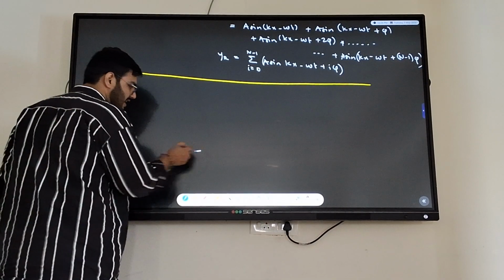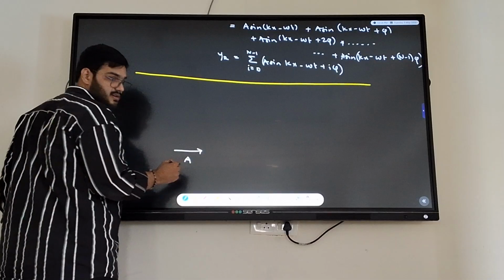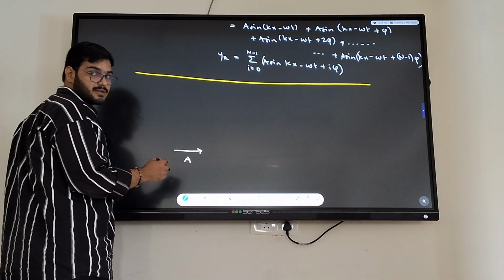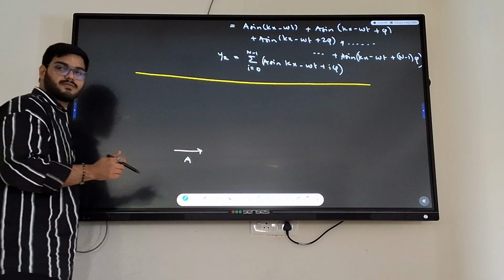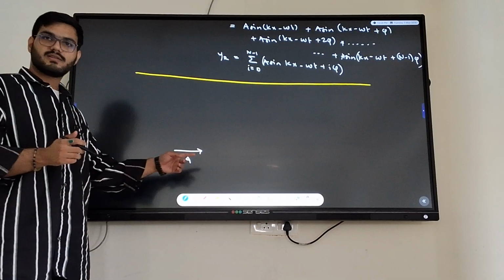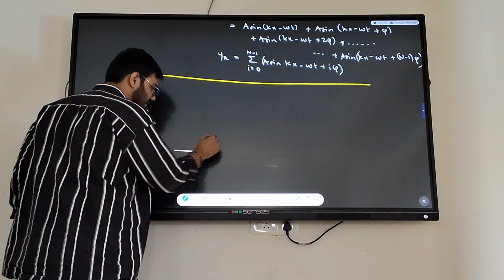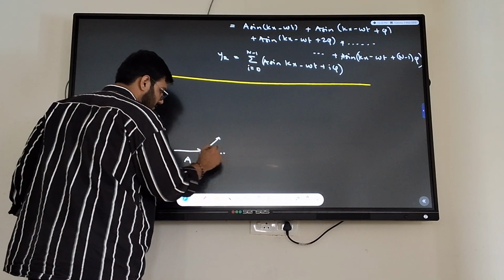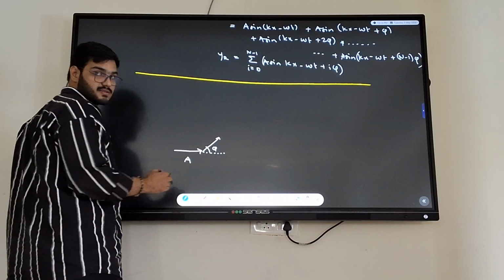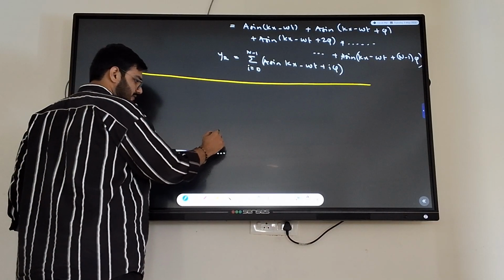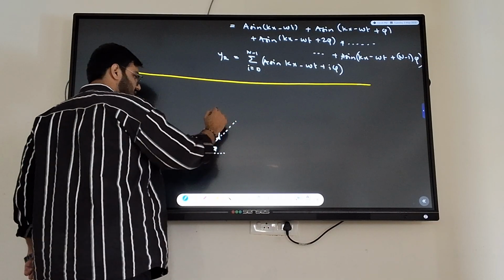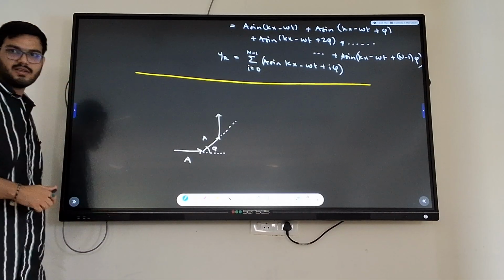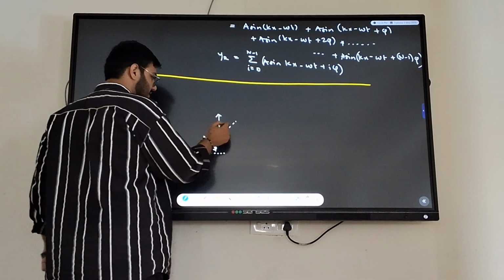Then I think if I have one vector like this, A, then where should the other vector be? Should have an angle of what? Phi. Should be angle phi. So, such a vector should come. Yes, this is another A. And then if I extend this, then there should be another A which is making another phi angle.